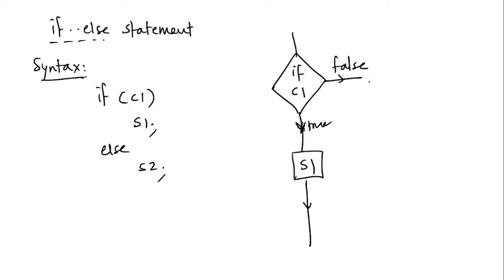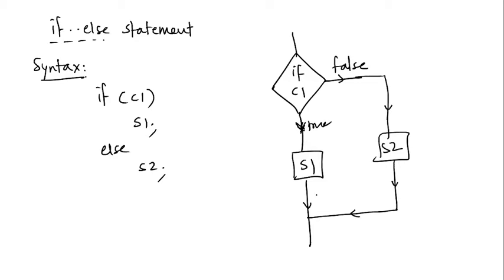If the condition is false, then we are going to execute S2 and then come down. So you can see we've got an alternate flow. As I said, it's bi-optional. You're going to have either S1 or S2 getting executed, depending on whether C1 is true or false. So this is the simple concept of the if-else statement.